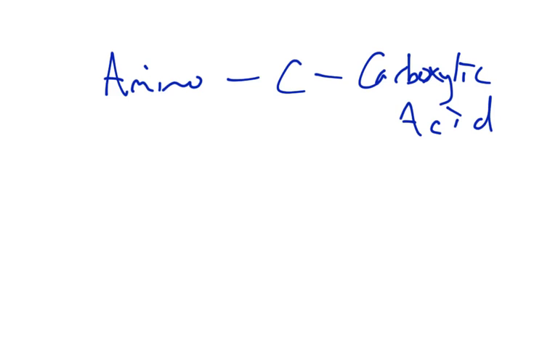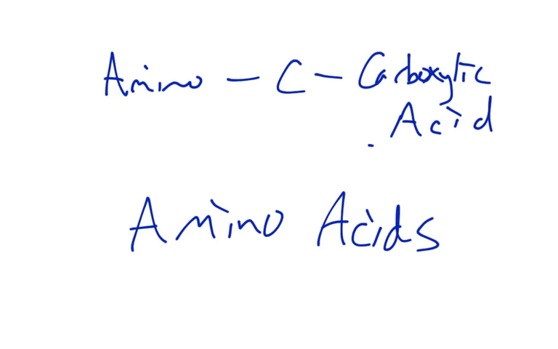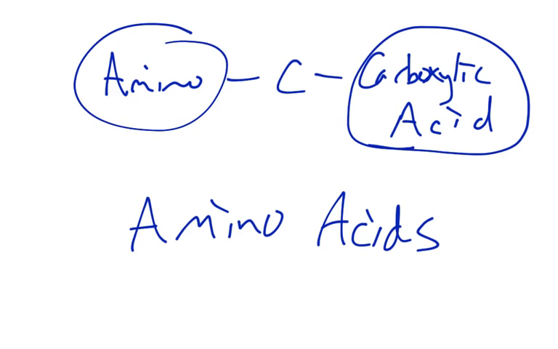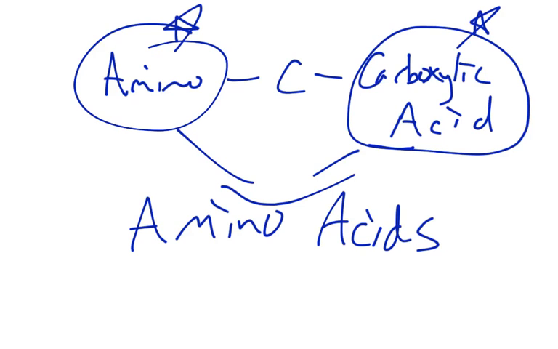Where do they get their name? Probably from carboxylic acid and amino. Put them together, you get amino acid. These two are functional groups you need to know. If I gave you an amino acid, you'd be able to tell me that those are the two types of functional groups in an amino acid.